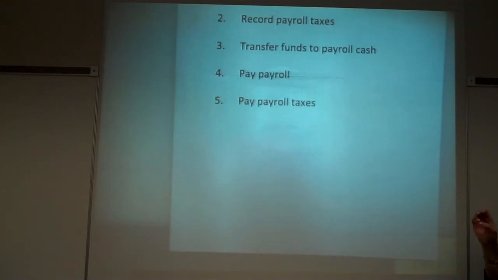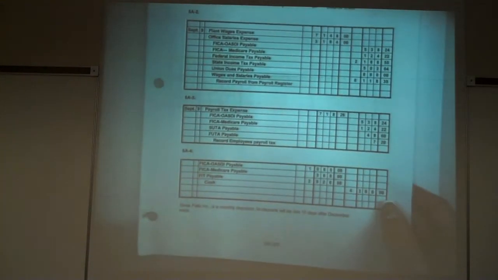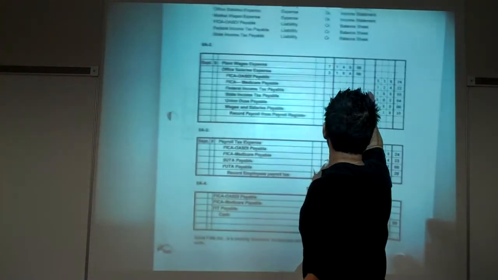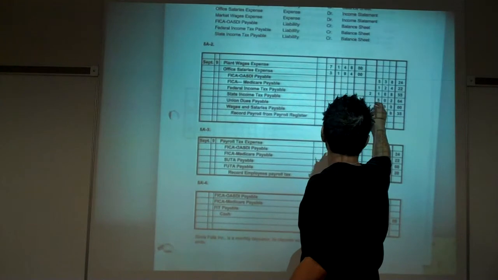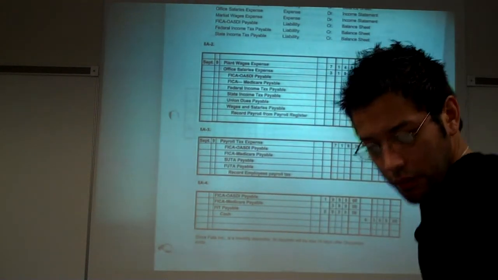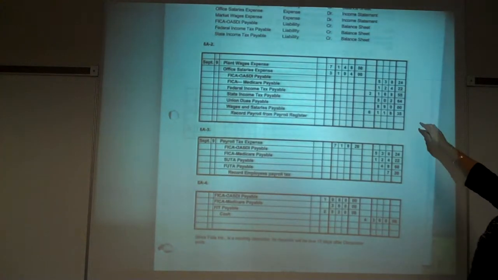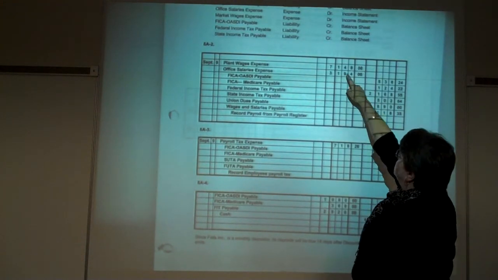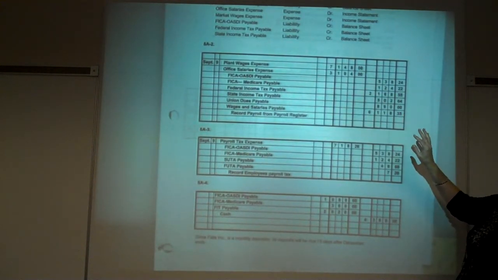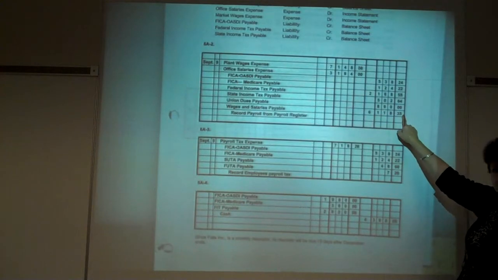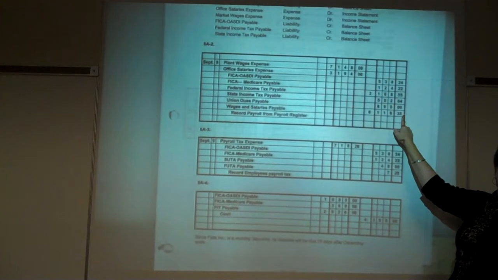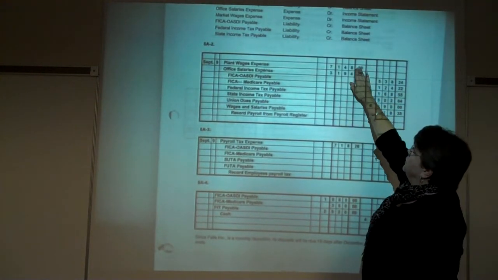Can you go back to that shot? The top one. So this one right here, if I add these, and I add these, and I subtract them, I should come up with that. Yes. If you added these and subtracted it from this one, it would equal this number. I mean, you can do it multiple ways, but where is this number on the payroll register? At the end. No, it's not the last 2 columns. That's these numbers.